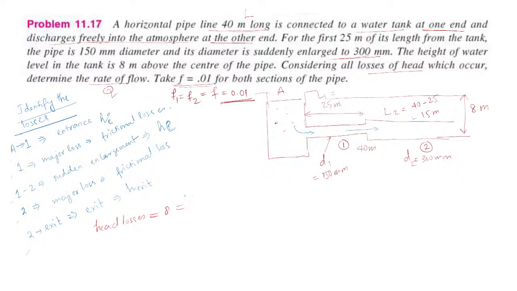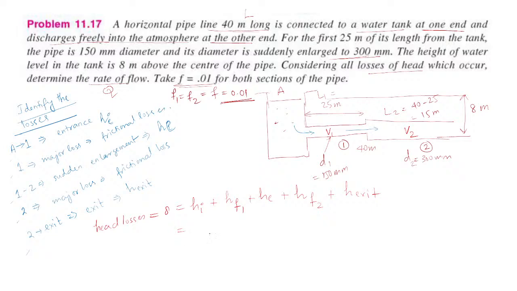So 8 equals h of I, that is the entrance, plus h of F1, that is the frictional loss, plus h of E, that is the sudden enlargement, then h of F2, then h of exit. Okay, so here you have V1, here you have V2. So make sure of that when you are solving this.